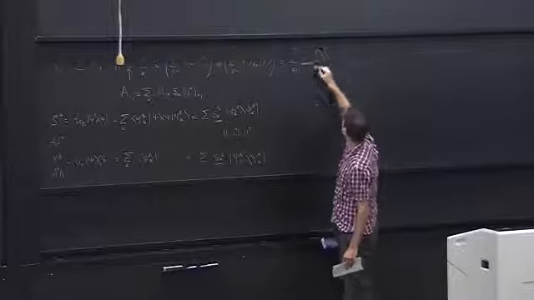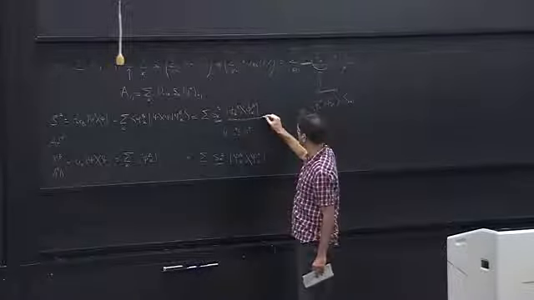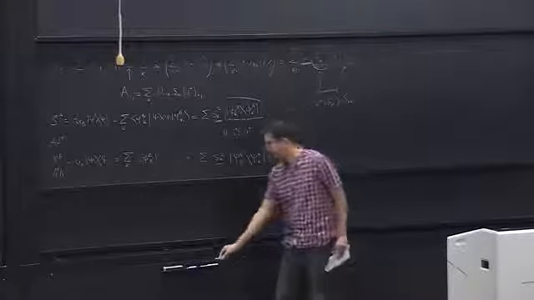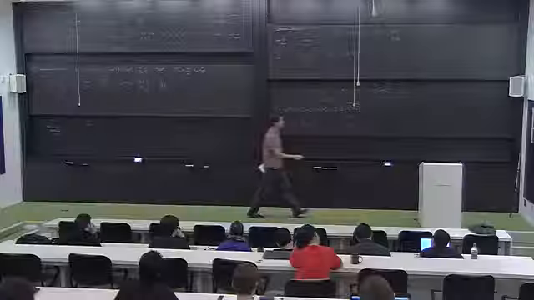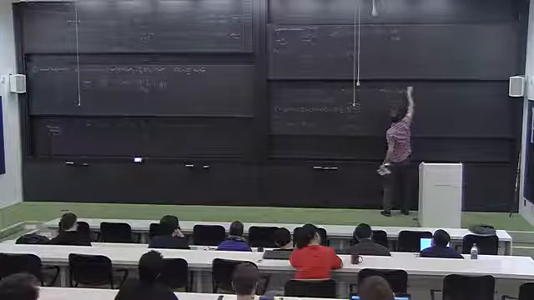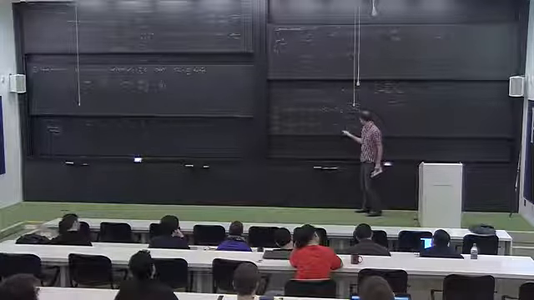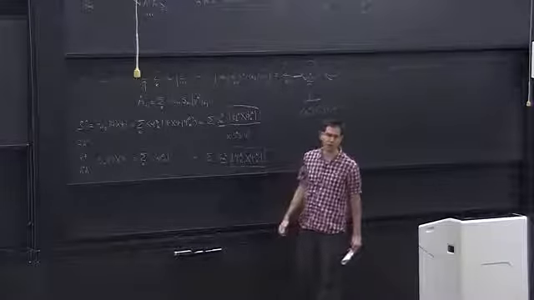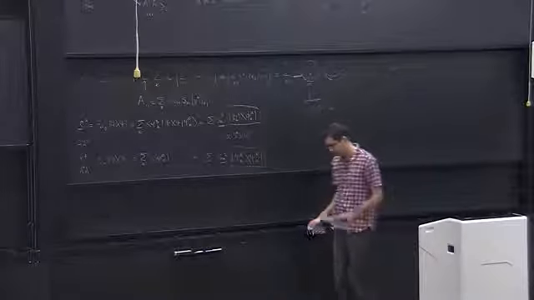Well, look at these. The Schmidt vectors, the ones that appear in the Schmidt decomposition, are the eigenvectors of the reduced density matrices. This one, for part A, and the same for part B. And in particular, we've seen also that the non-zero eigenvalues of rho A are the same as the non-zero eigenvalues of rho B. Good.